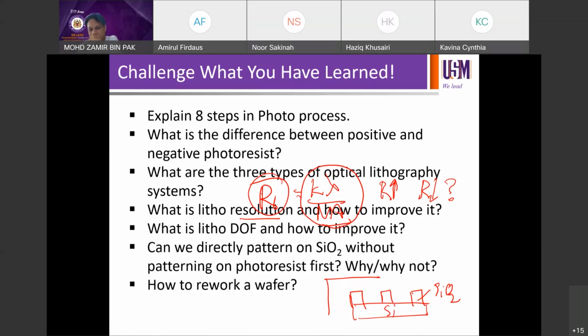Not possible because... Why is it not possible? Oh, you thought about it earlier that it is not possible, right? Okay, let's try Fatin. Fatin Nur Tahira, what do you think?